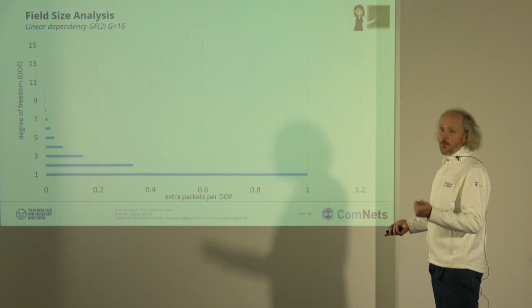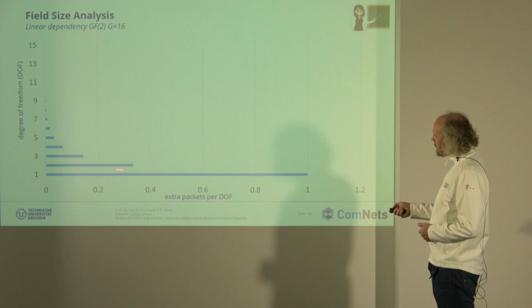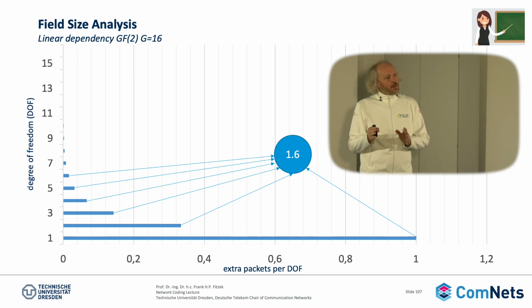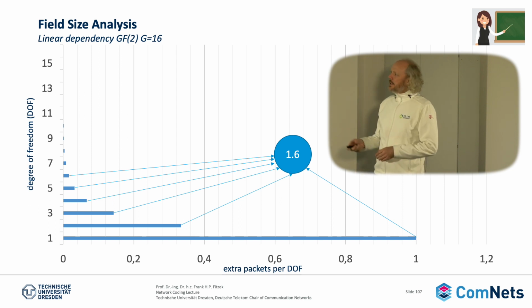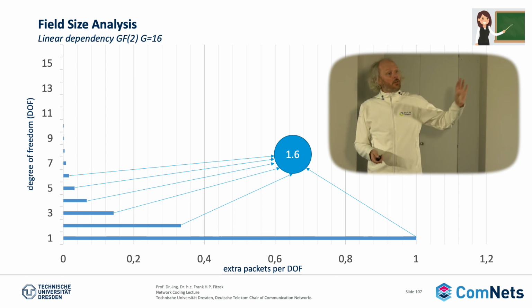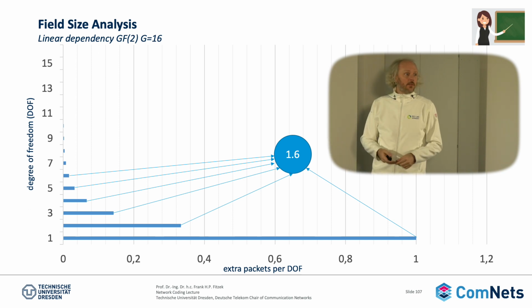So 1 we have to send anyway. 2 minus 1 is then 1 extra packet. And here's a little bit less, and so on. But if you sum this up, it's 1.6. So it's not really 2. It's 1.6. And not only in this case. This 1.6 exists only for the binary, not for the other codes. If you have a higher field, you will see later what the extra is you have to send.